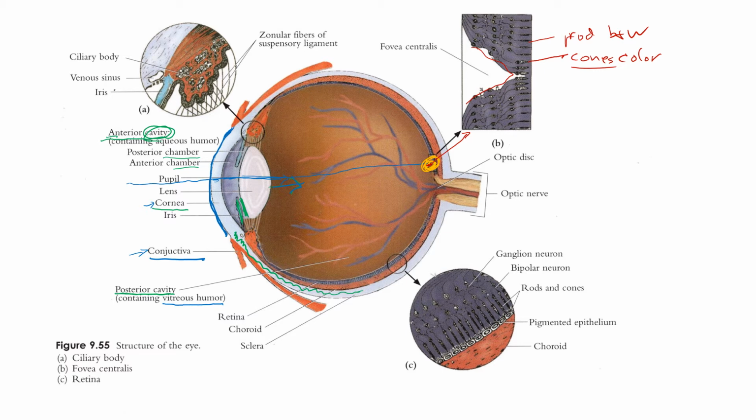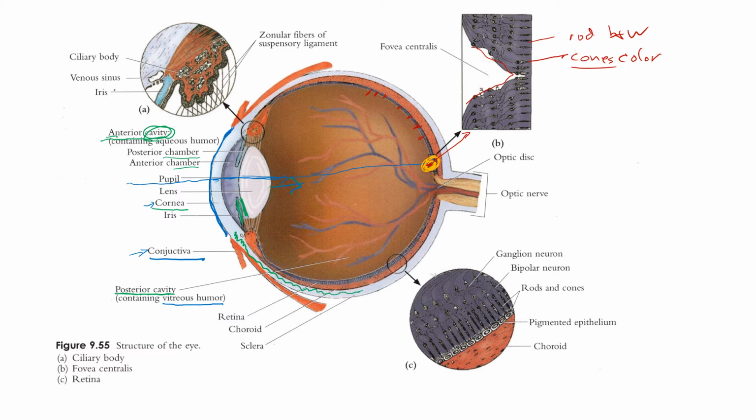We need a lot of light to be able to see. So at night, in the evening and nighttime, there's not as much light, so they wouldn't work anyway. If we had cones all along here, it just would not work, because there's not enough light. So most of the cones are centered right here in the fovea centralis.